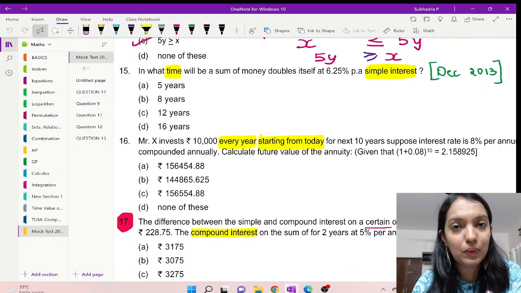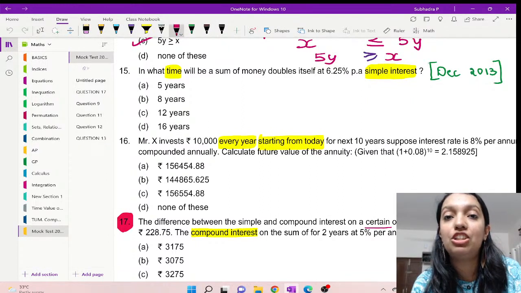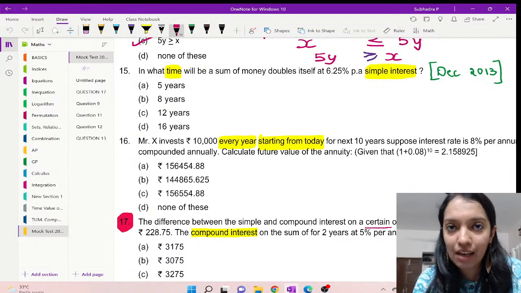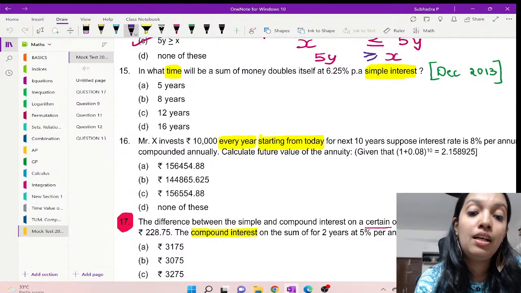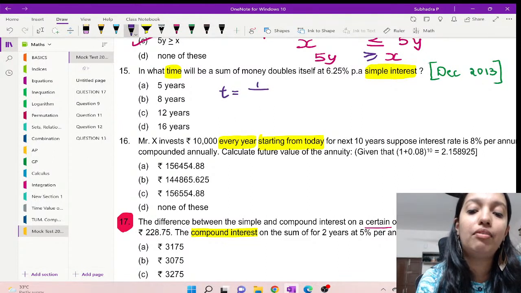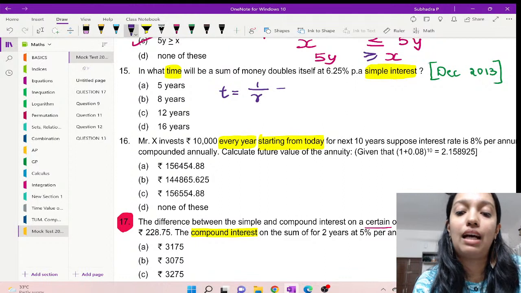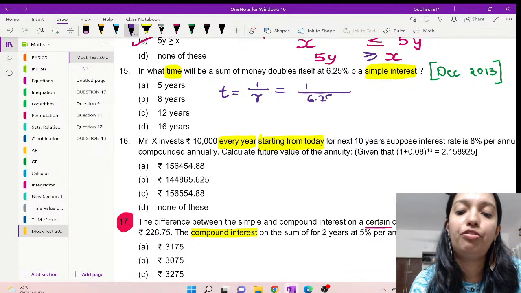What have they asked in the question? Time. You have to find the time. What is it? Simple interest wala question. Do we have any shortcut for this? Yes, it will be taught to you in the classroom. Time means T. You need to find the time. T is equal to 1 divided by R. So that means 1 divided by, what is R? 6.25 percentage divided by 100.